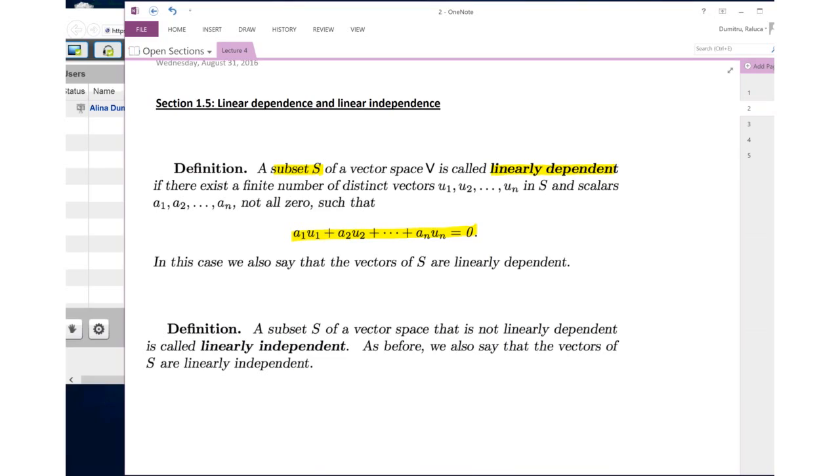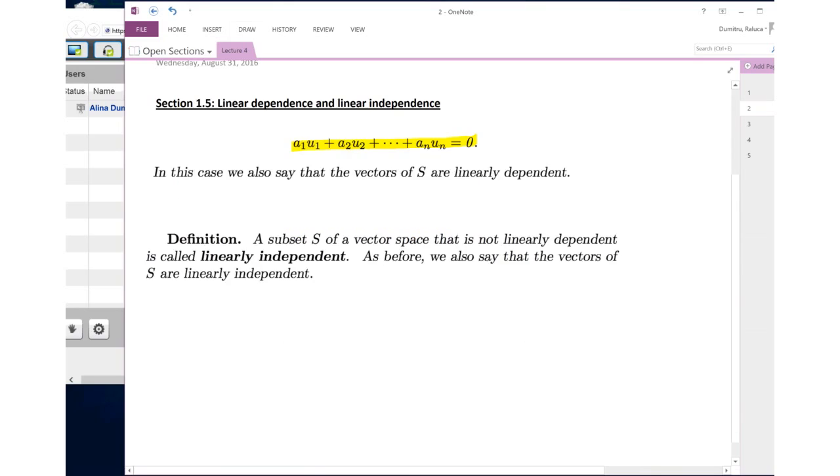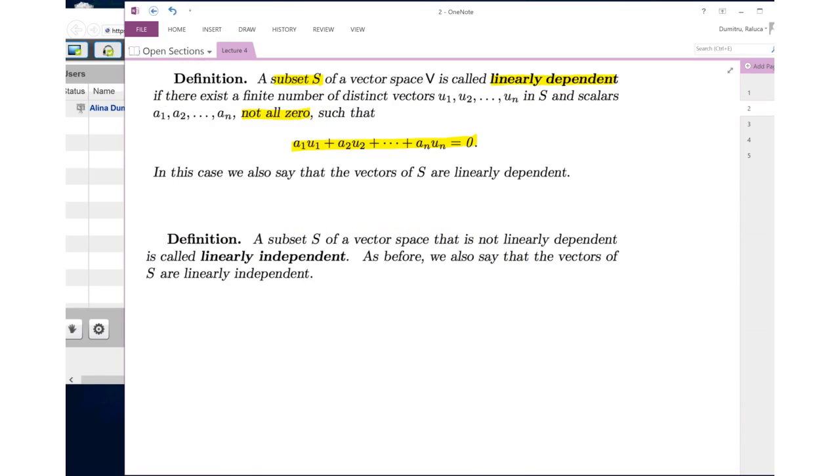But you can always get the zero vector with all zero scalars, right? That's trivial. So they're adding here that not all those coefficients can be zero at the same time. Otherwise, it's trivial. So a set is dependent if there is a way to find such a linear combination that gives the zero vector. If you cannot find such a linear combination, then the set is called independent.